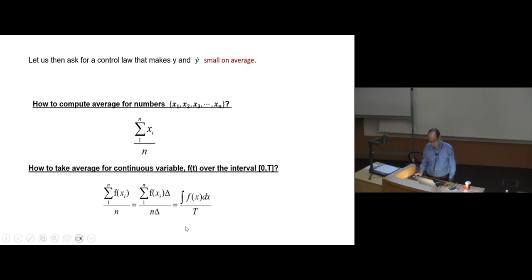But of course, in the denominator, those n segments put together give you the whole duration, which is t. Because from calculus we know the integration is about the summation. Therefore, if we integrate something, it means that you are doing the average of the function value.